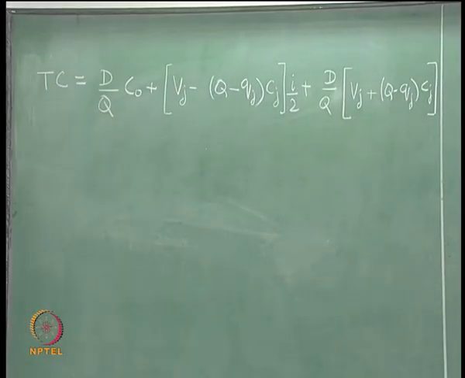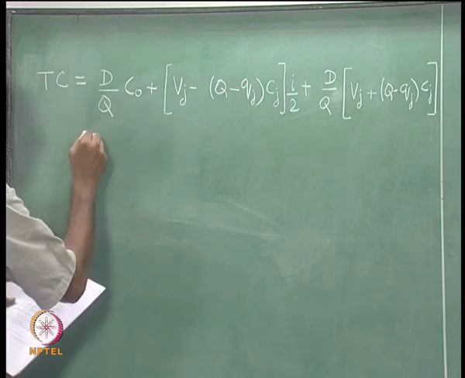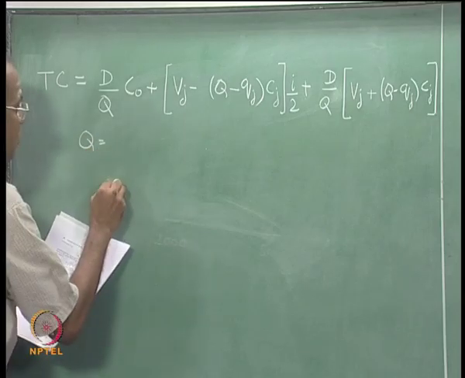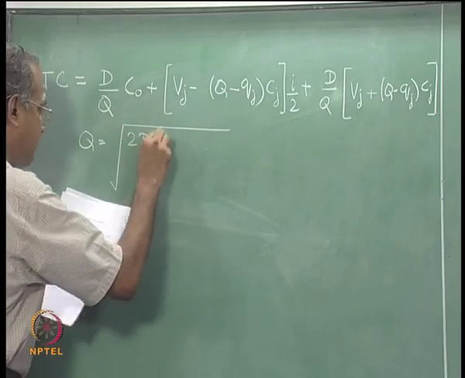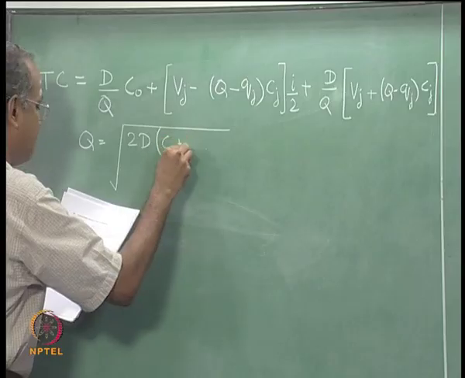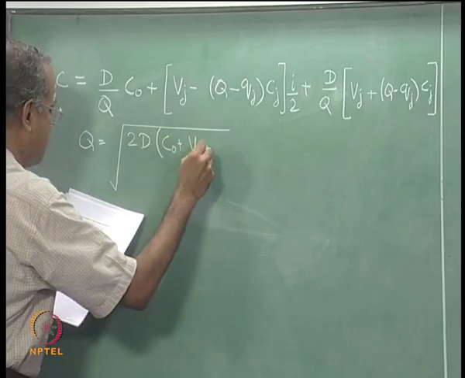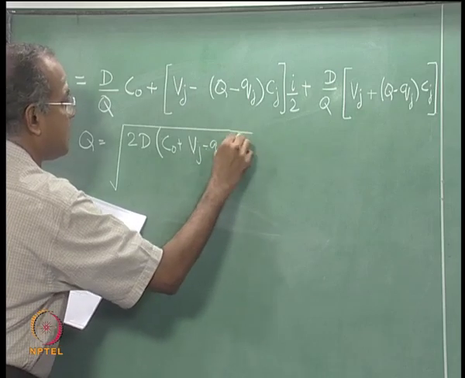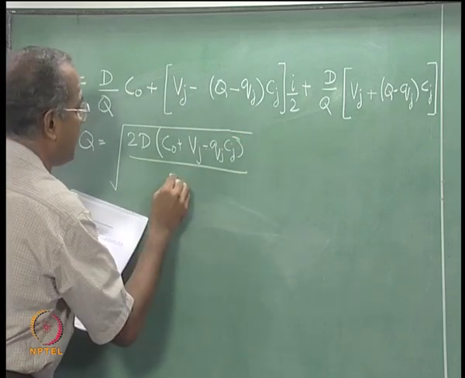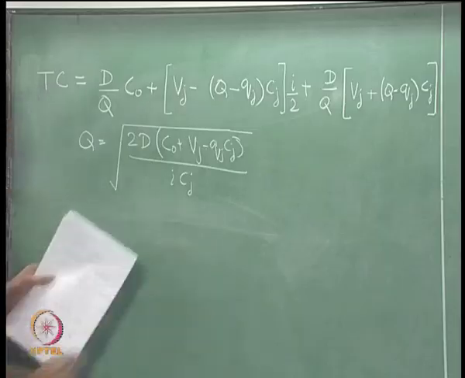This on differentiation would give us Q is equal to root over 2 D into (C naught plus (V j minus Q j C j)) divided by I into C j.